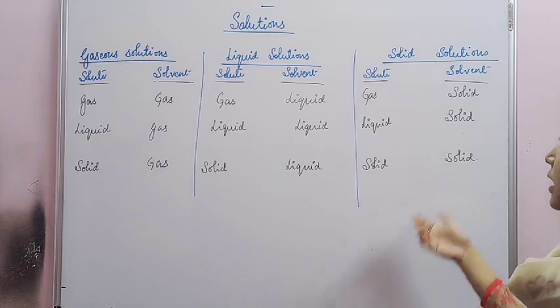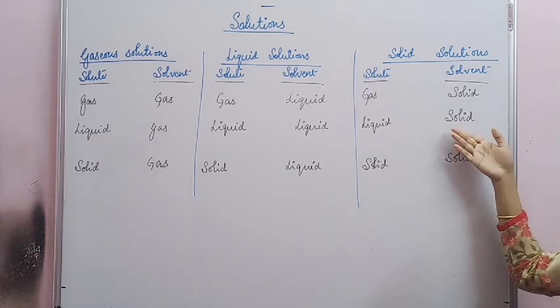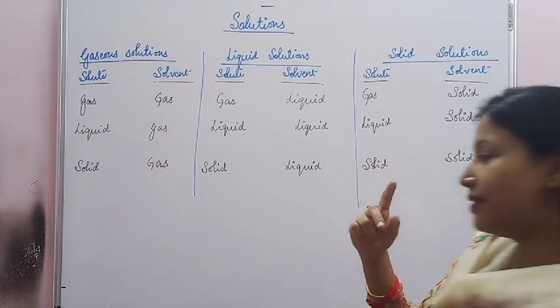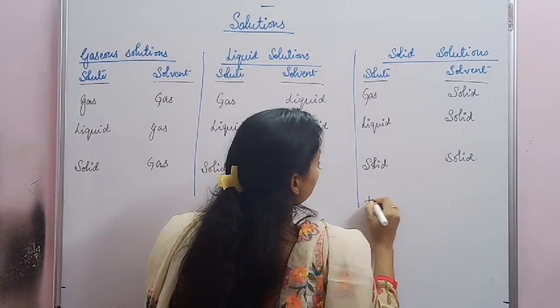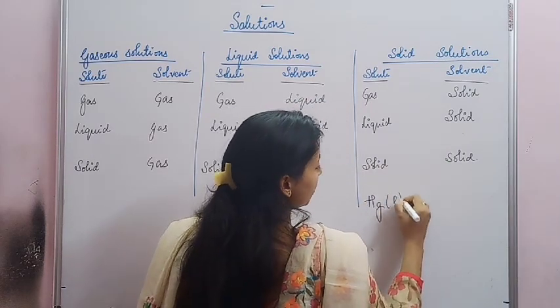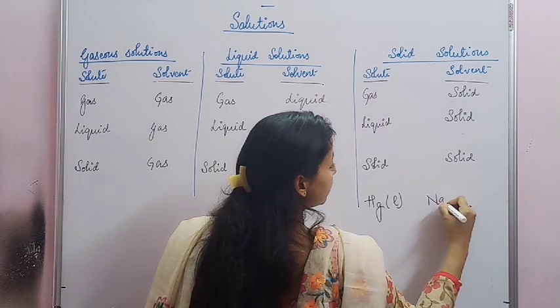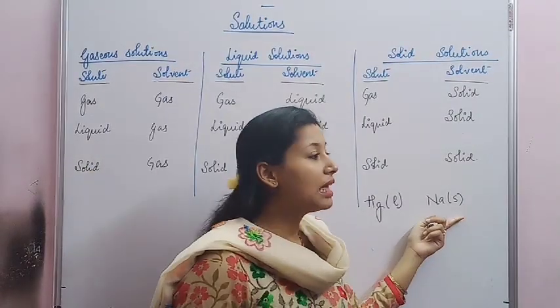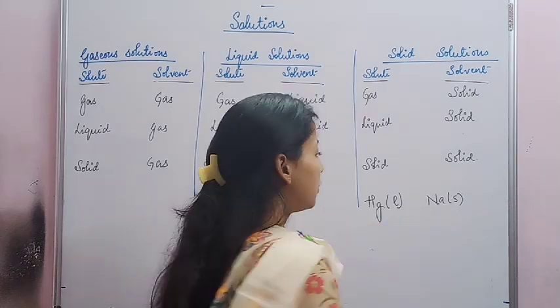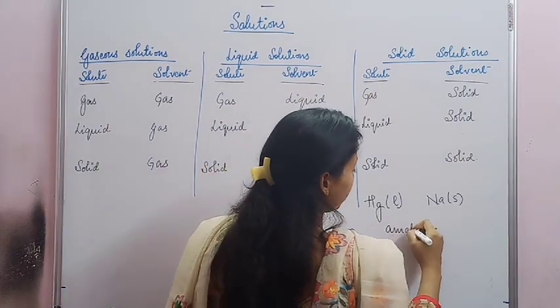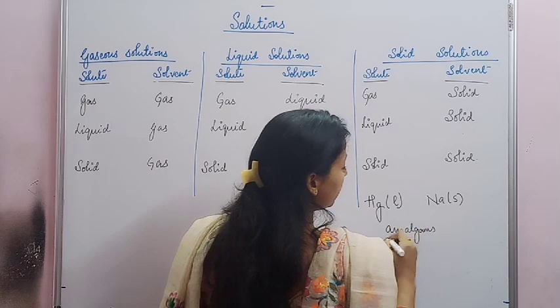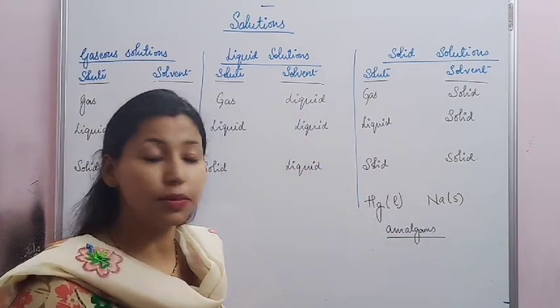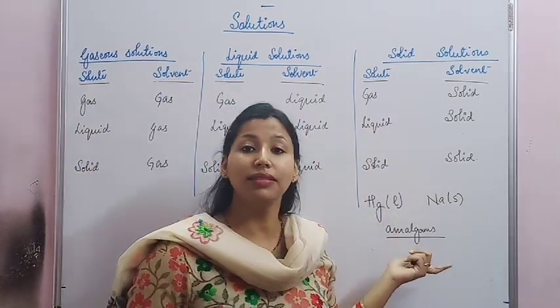Next, liquid in solid. Example, mercury, a liquid metal, dissolved in sodium, which is solid. This gives me a class of compounds which are known as amalgams. All of you are familiar with the term amalgams, because alloys of mercury are known as amalgams.